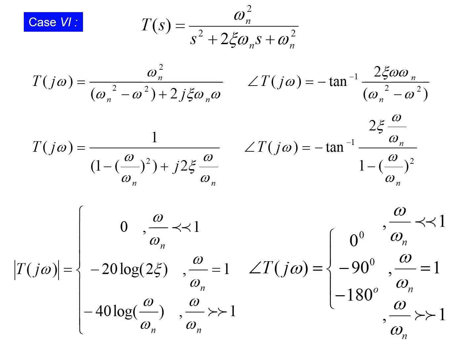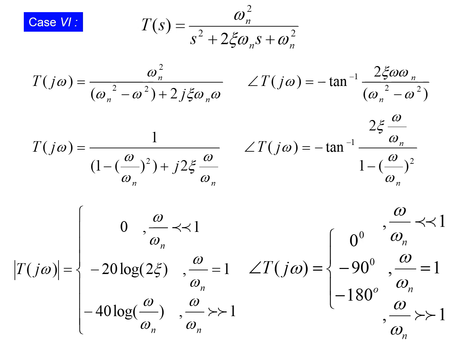Okay. And then the amplitude for omega per omega n less than 1 is 0. And then for omega per omega n equal to 1, the amplitude is minus 20 log, in the bracket, 2 zeta.